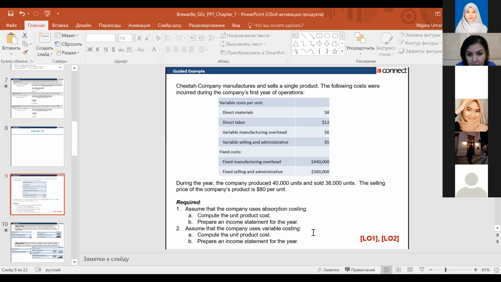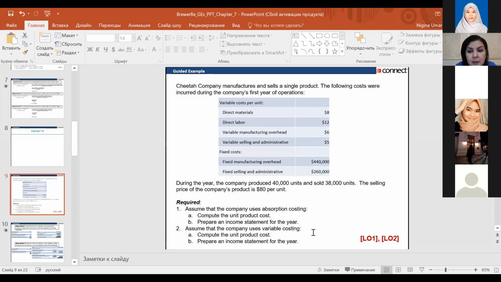What is the cost per unit? Cost per unit, 26, right? Yes, 26 multiplied by, we multiply by what? 38,000. Very good.